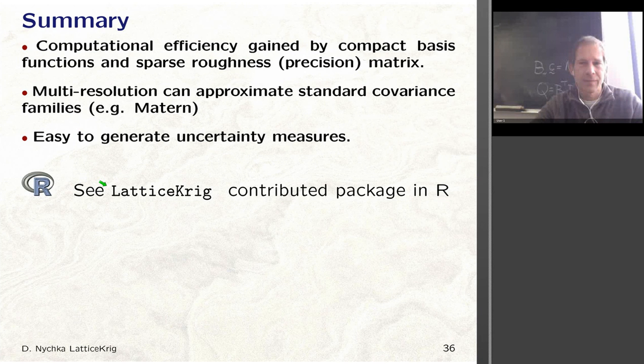Right. Matthias asks, for which covariance functions do you know exactly how the basis functions in the precision matrix should be chosen to get a good approximation? Let's see. I'm going to focus, Matthias, on that word exactly. I don't know how to approximate anything exactly with lattice Krig.